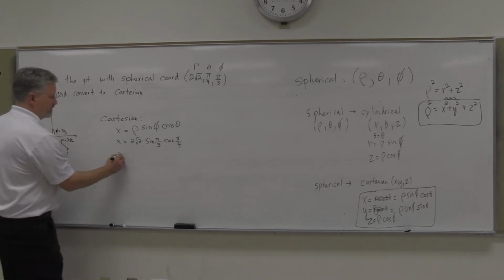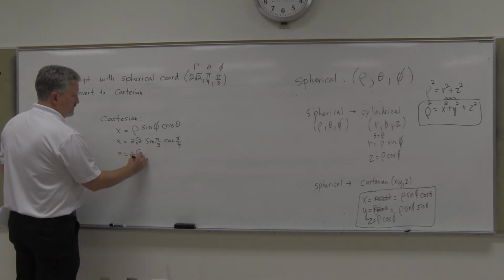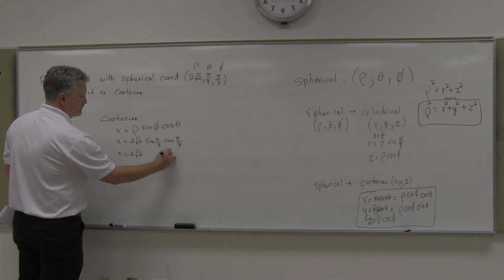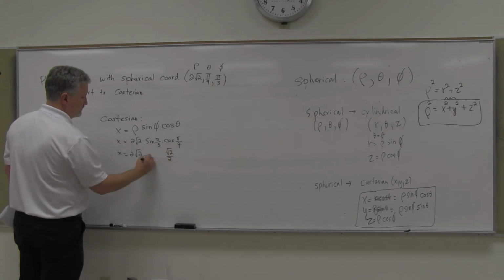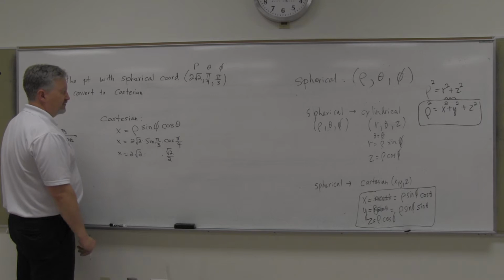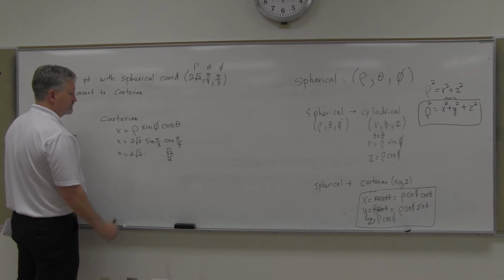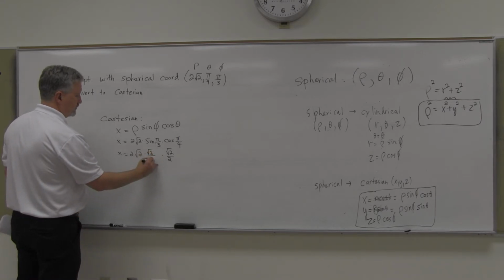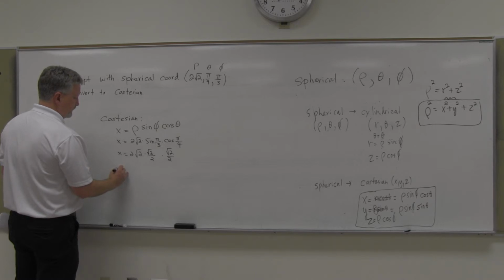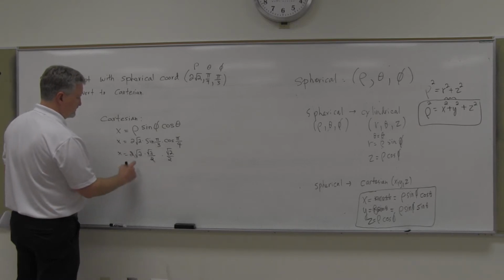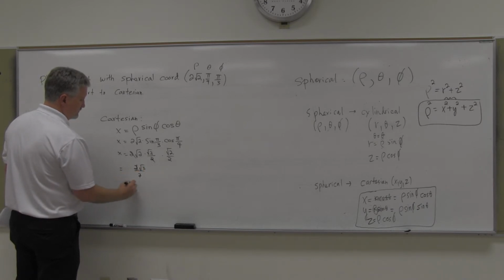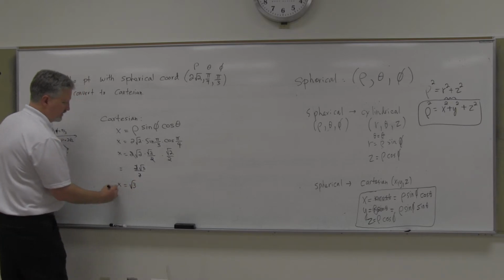I know cosine of pi over 4 is square root of 2 over 2. Sine of pi over 3 is square root of 3 over 2. So one of those 2's cancels, and I get 2 square root of 3 over 2, so it's just square root of 3. X would be square root of 3.